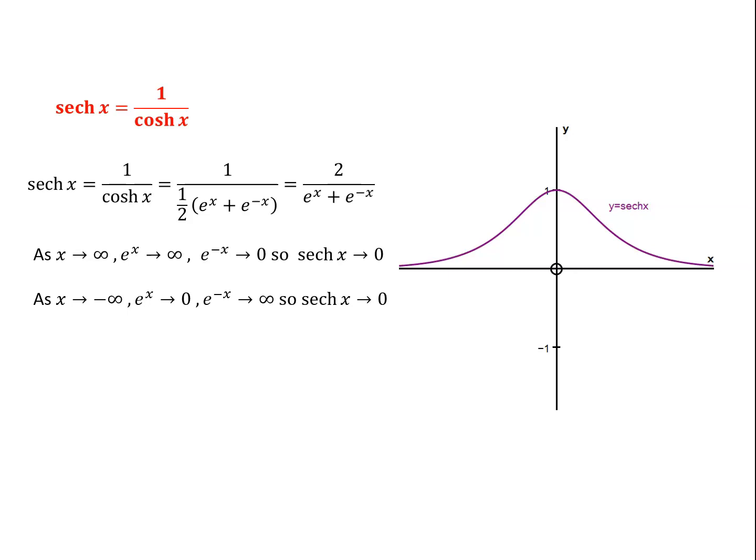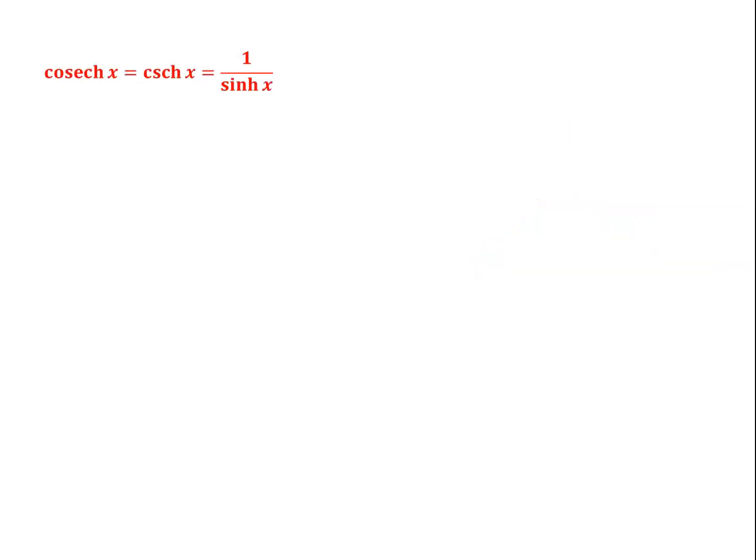The third of our new hyperbolic functions is cosech x, which is just 1 over sinh x. Now, we know that sinh 0 equals 0, so the graph of y equals cosech x is going to have x equals 0 as an asymptote.